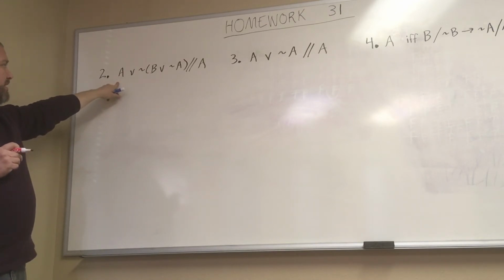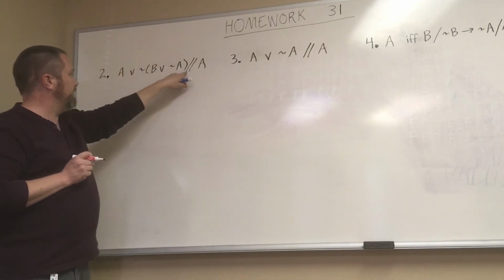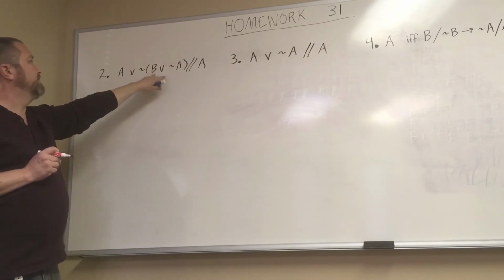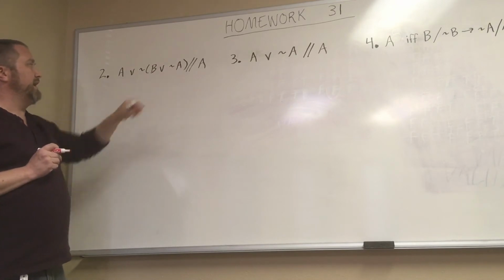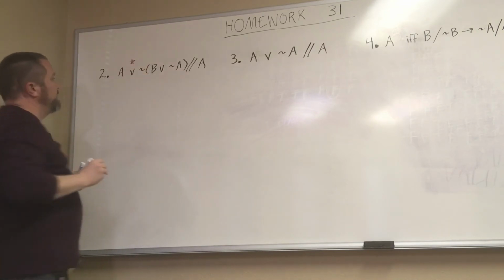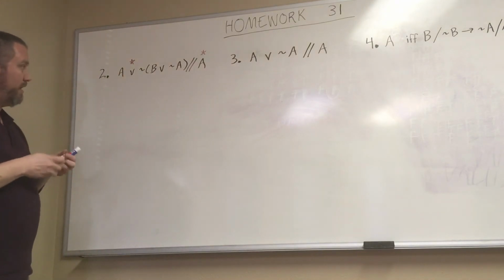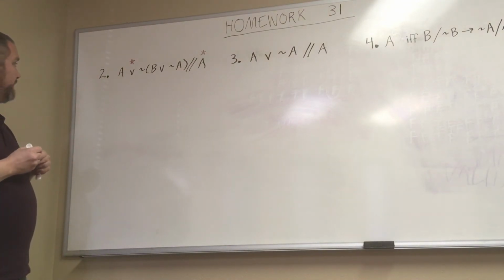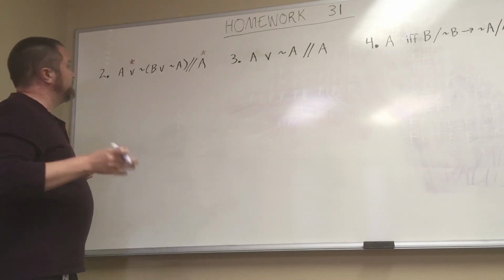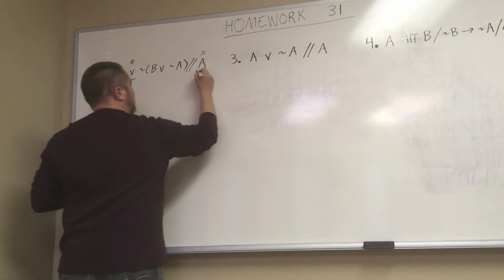The simple proposition A is the first disjunct, and this entire thing here is going to be the second disjunct, the negation of the disjunction of B and not A. Let's put a star over that one, and then this is obviously what we're looking for, since that's the conclusion. Again, remember, we're looking for all true premises and a false conclusion. So let's fill that out and see if we can get there.